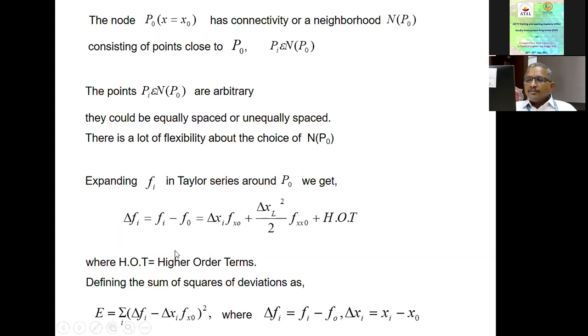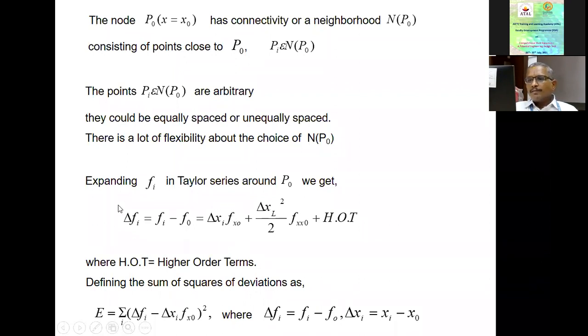Okay, having written this, you can see if I take up to second order terms, say I will represent delta Fi as Fi minus F naught, then these are the terms in terms of the difference in length, delta X, the length from point O to any point I. So I will define now a term E as delta Fi minus delta Fx O here.